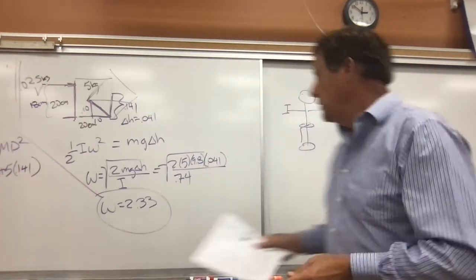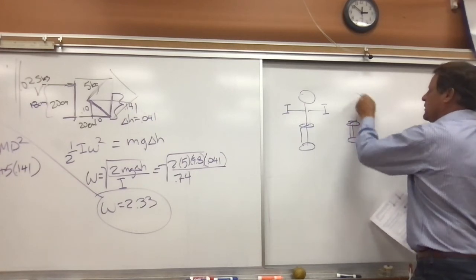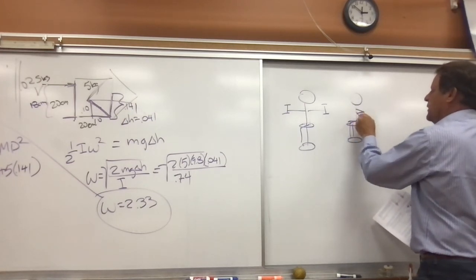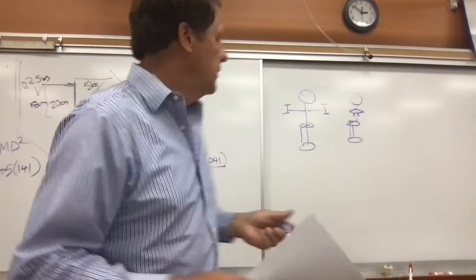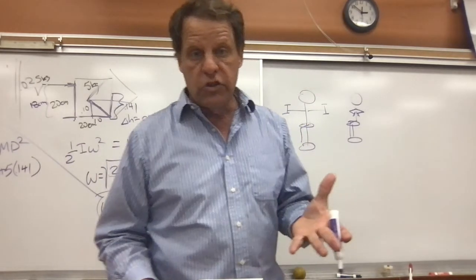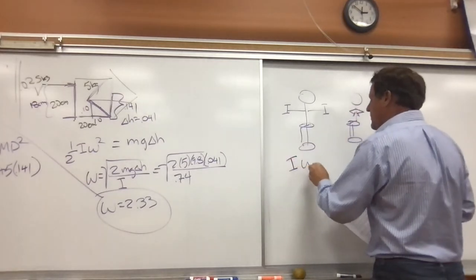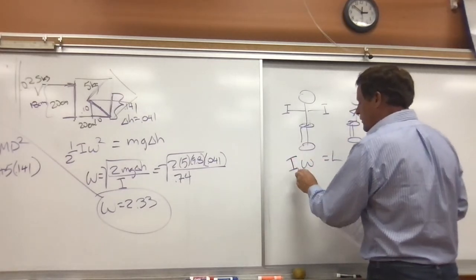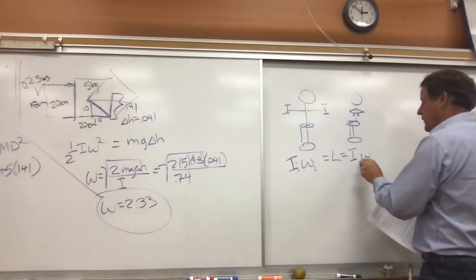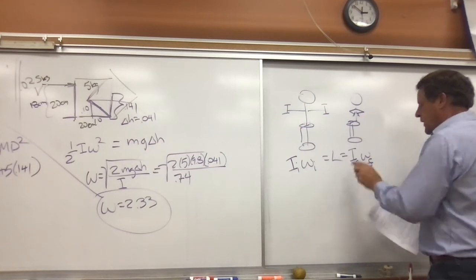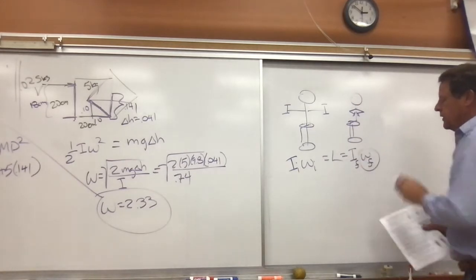And then what they're going to do is they're going to bring these barbells closer into their side. So what we have here is a conservation of momentum issue here. So we're going to have I omega is equal to L. So our initial is going to equal our final. Okay. And what we want to know, calculate the final angular velocity right there.